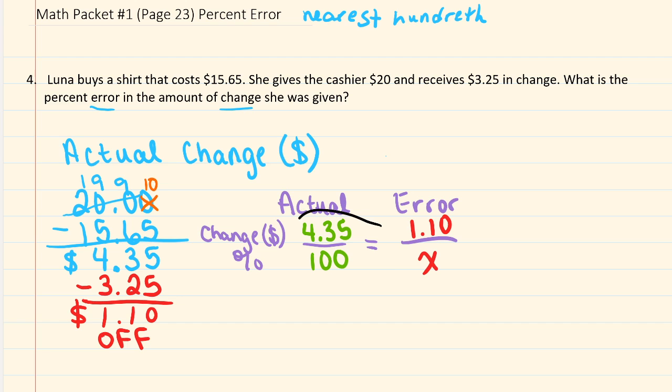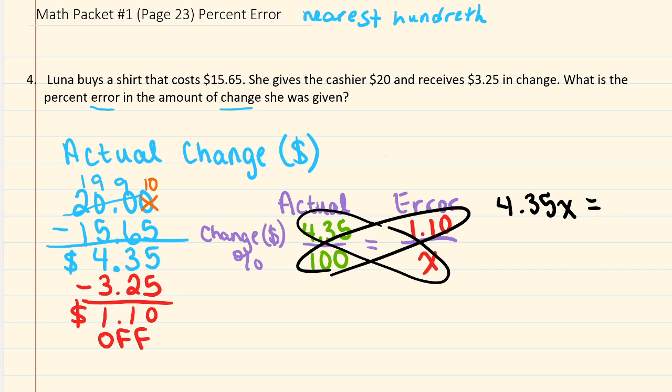Now we just gotta cross multiply. So 4.35 times X equals anything times 100's easy. You just scoot the decimal place over twice. So that's 110. Now to get rid of times 4.35, I'm going to divide by 4.35.